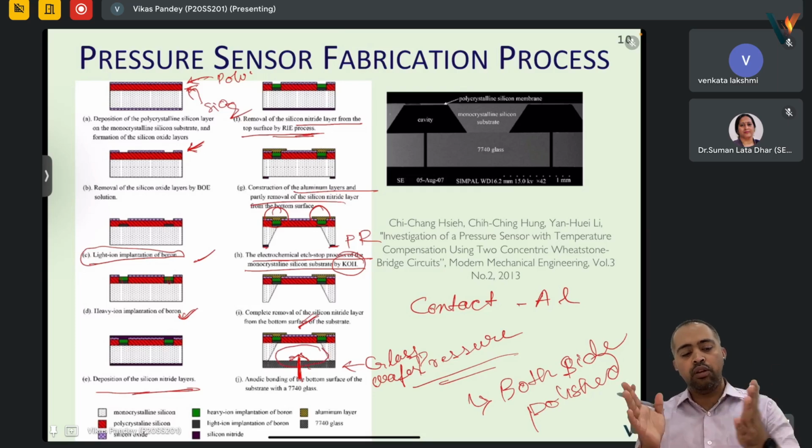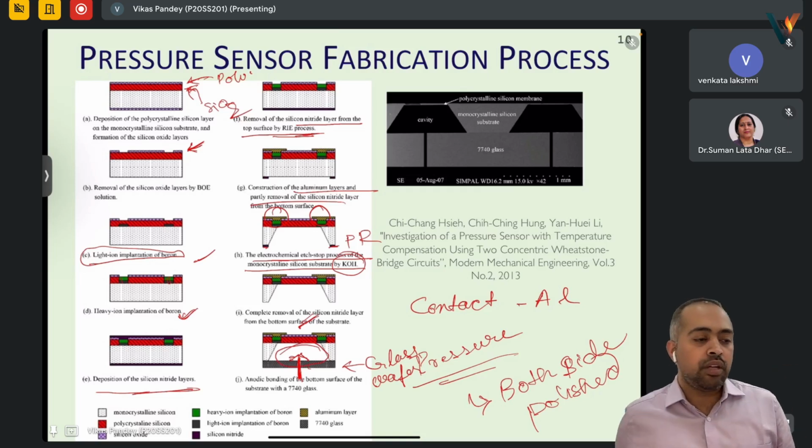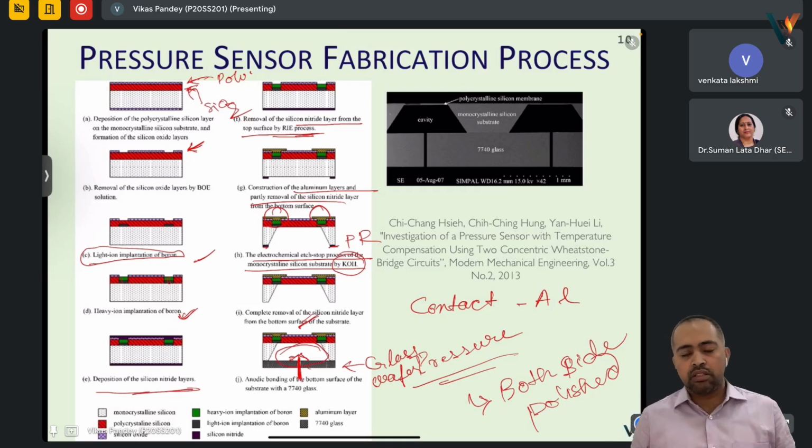While doing this anodic bonding, we went for having a fixed pressure. You can take one atmospheric pressure as the reference, like that is what we do, but it can be changed. We can have a pressure of 2, 5, 10, or whatever we need. According to our need, we will have to put that pressure.